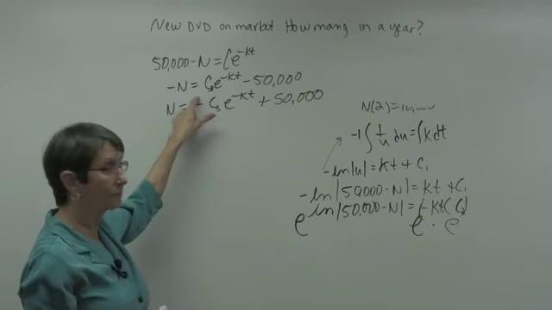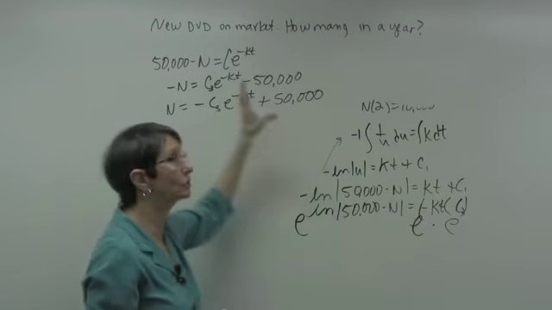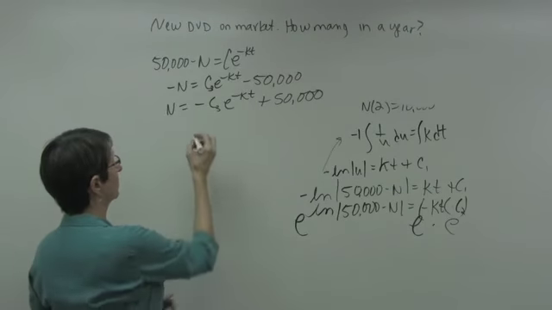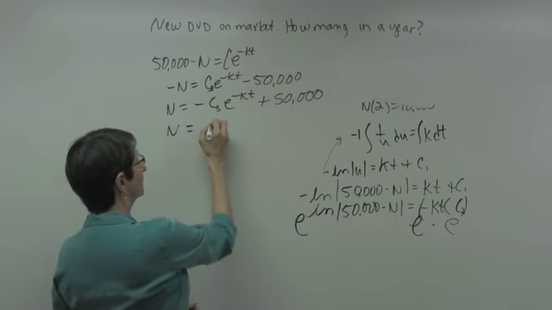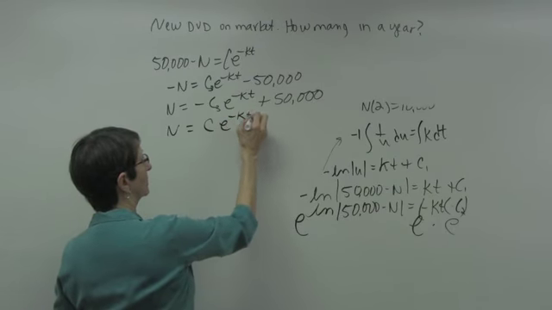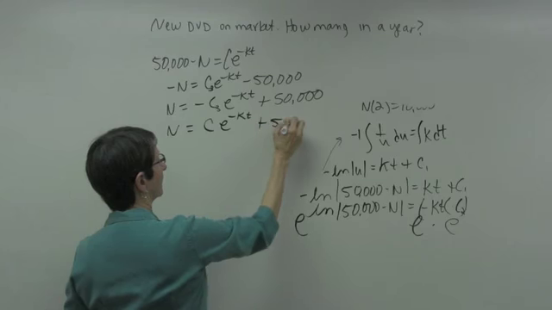And the reason I decided to keep my c3 as a new constant is my negative c3 now I'm going to call positive c4. So N is, let's just say c e to the negative kt plus 50,000.